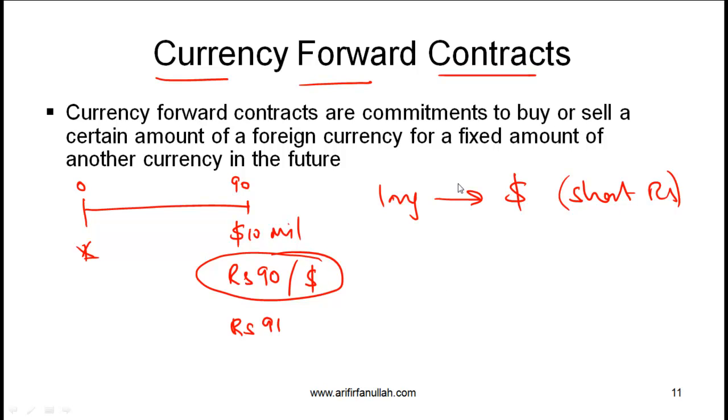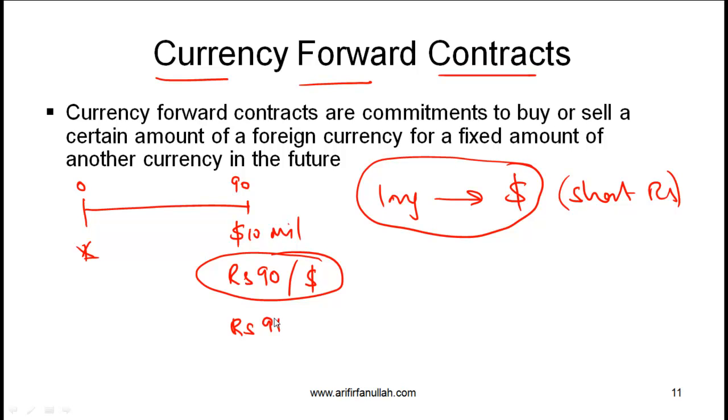Here we are saying that since you will need $10 million, you are buying dollars, so you are long the dollar. If the dollar strengthens as it does over here, because 90 days later we see that the actual price of the dollar is 91, you as the long party benefited. And obviously if you benefited as a long, then all forward contracts are zero-sum game.